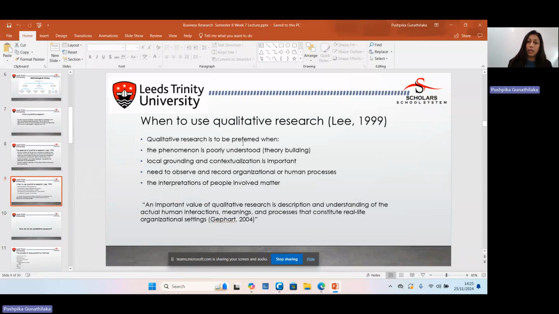Qualitative research is suitable when the phenomenon is poorly understood, when the local grounding and contextualization is important, when there is a need to observe and record organizational or human processes, when there is a need for interpretations of people involved, then qualitative research is more important and more relevant.